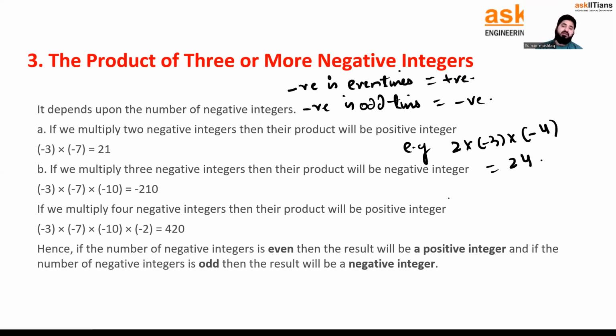Now, if you have odd times negative, let us suppose you have -2 multiplied by 3 multiplied by 4. How many times is it negative? It is odd times negative. So that means it will be -24. These are some more examples. 3 times negative, so it is negative. 4 times negative, so it is positive. 2 times negative, so it is positive. Clear? I hope this concept is also understood.